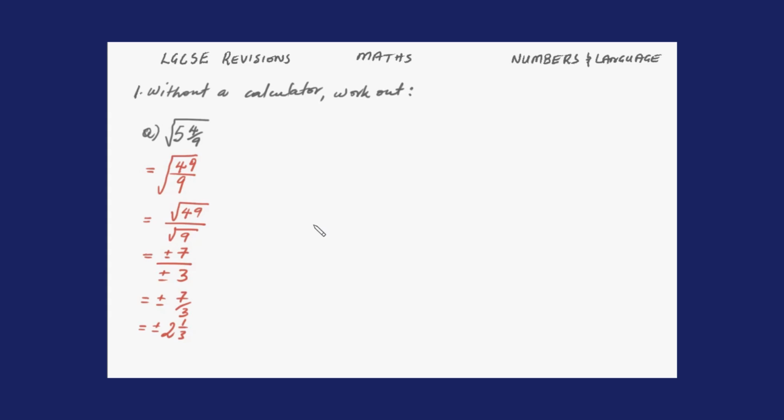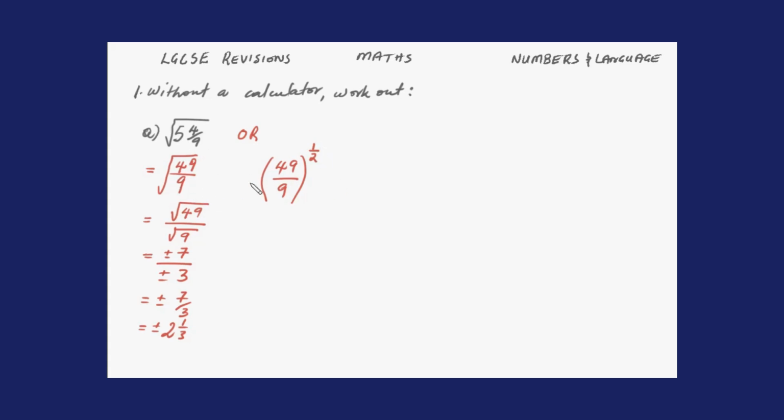Or sometimes you would say, okay, this is equal to 49 over 9 to the power half, because you know that the square root of a number is the same as that number to the power half.